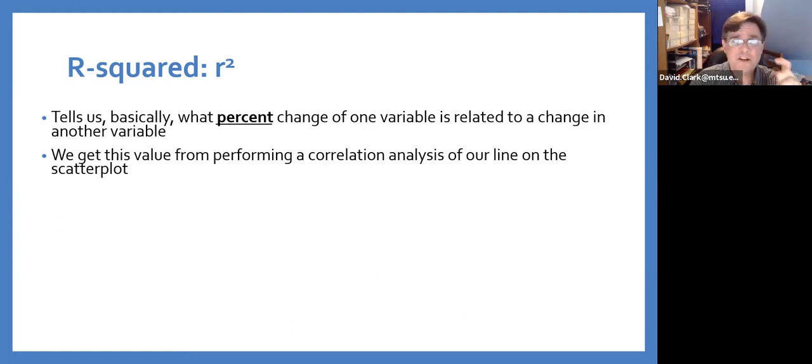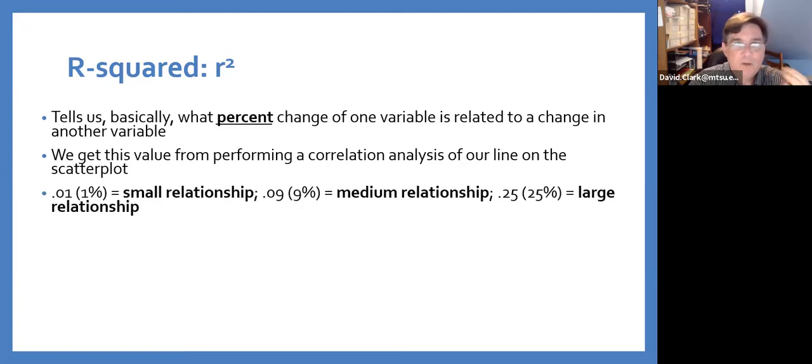Now you've got questions there. You're right in the middle of page 2. If it helps you to write percent relationship value, that might help you to memorize it. Look at this. An R squared of 1% is a small relationship. 9% is a medium relationship.